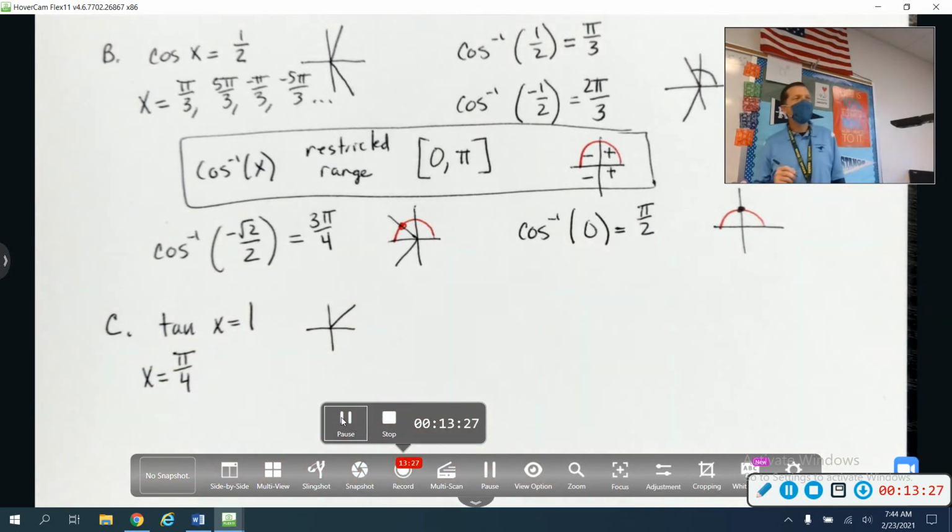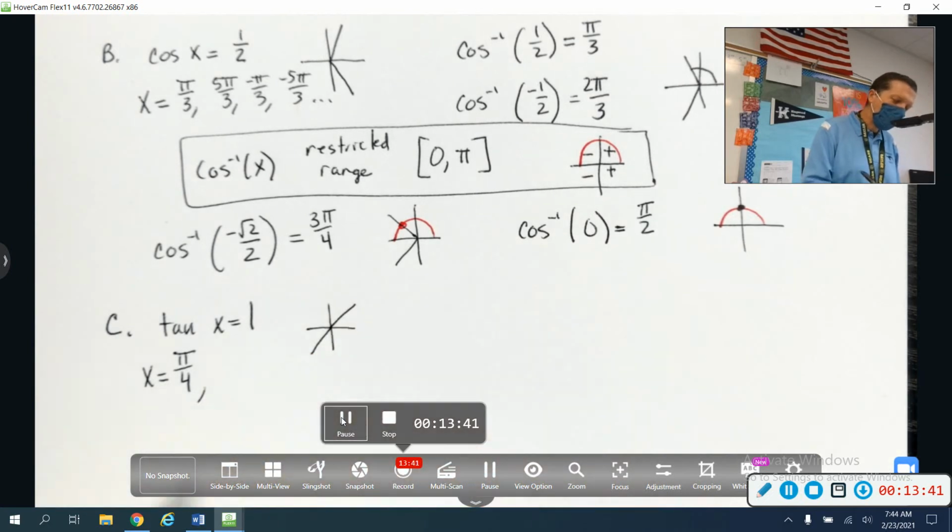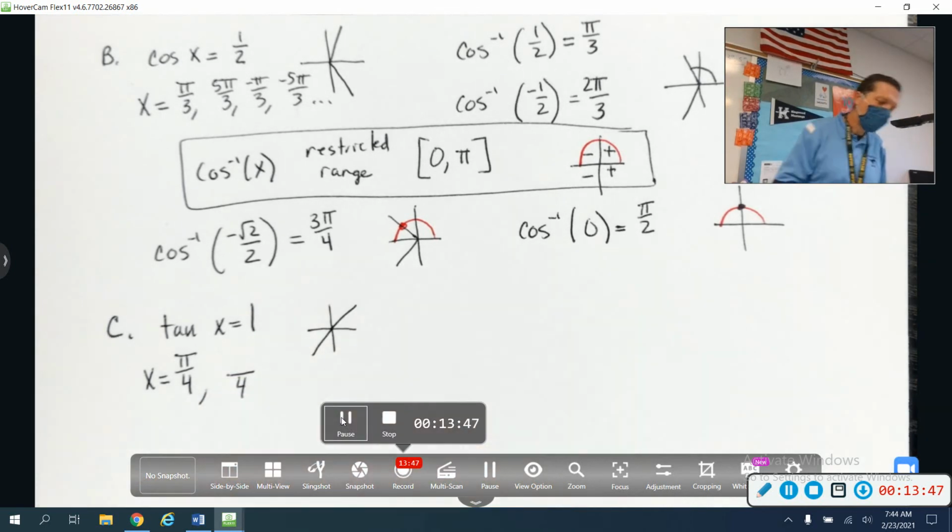What other quadrant has a positive tangent? What other quadrant are we looking at? The third. Yes, the third. So what's the angle in the third quadrant? It's got to be over 4.